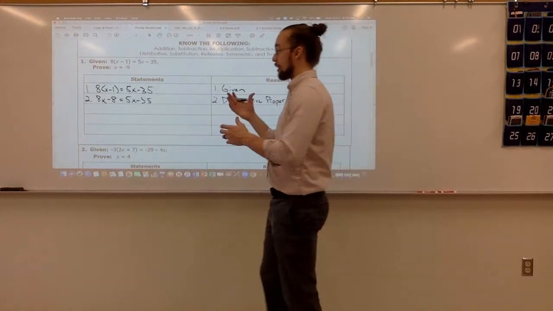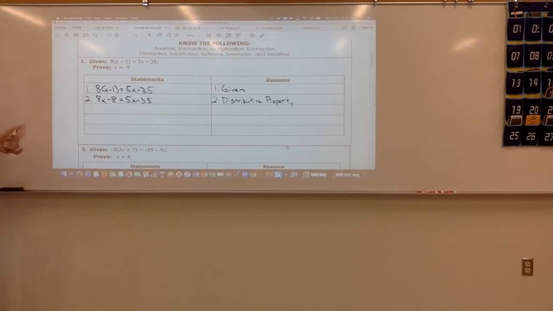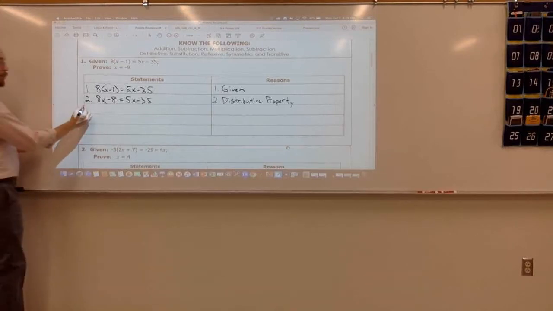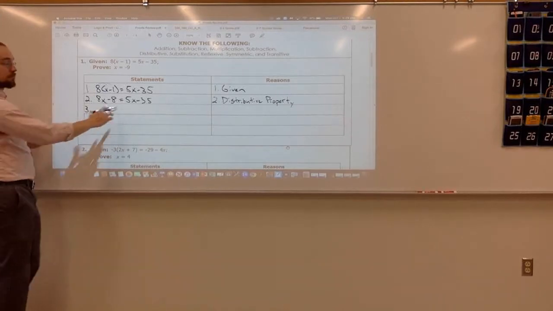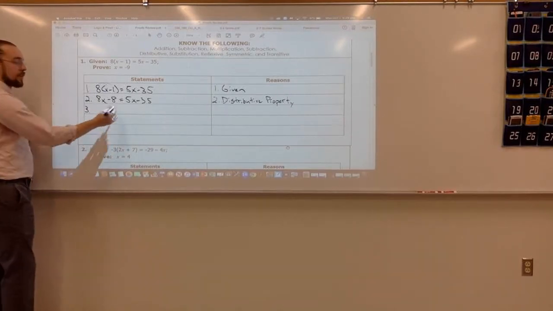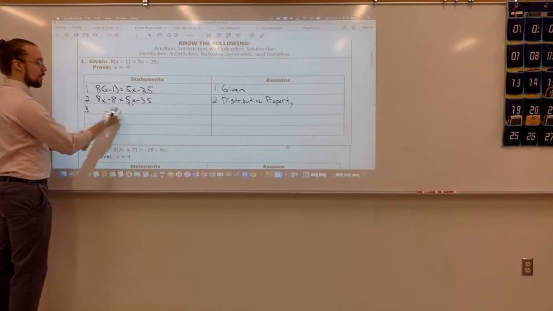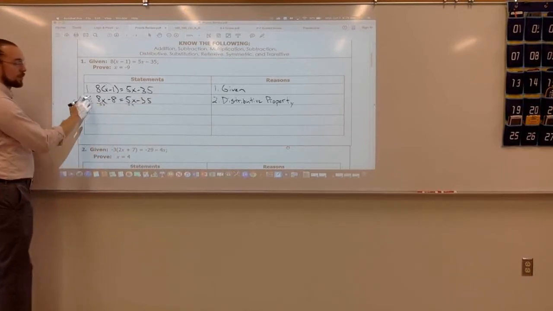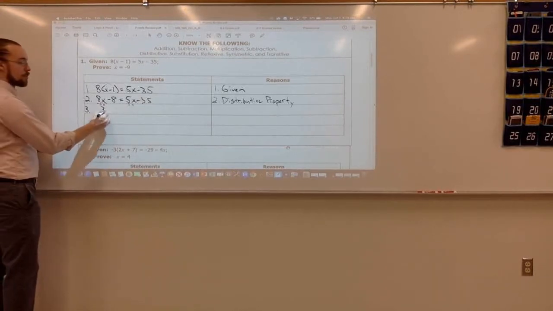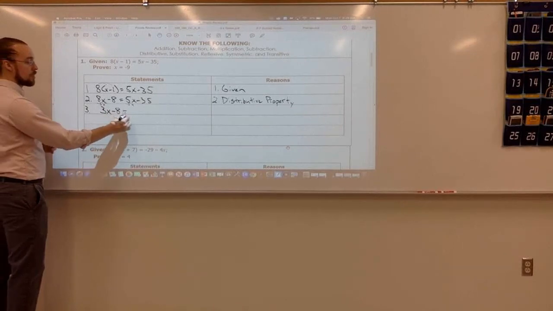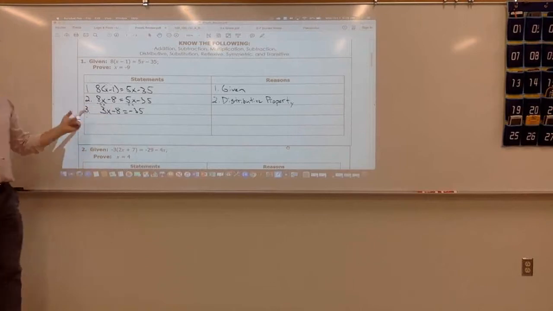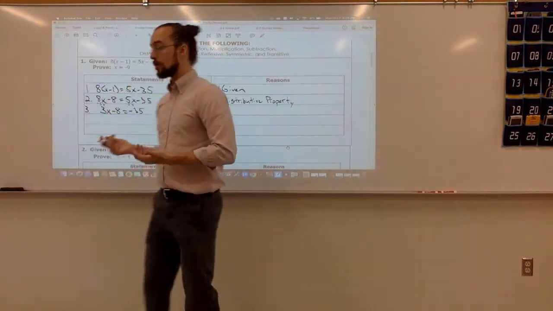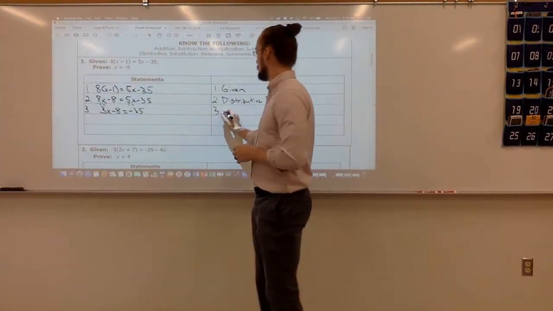Now, we want to get the x's on one side and the numbers on the other. We could do that a couple of different ways. We could subtract the 5x over first. So if I subtract the 5x over, 8x minus 5x would be 3x minus 8 equals -35. My reason for that would just be subtraction. I subtracted that 5x over.